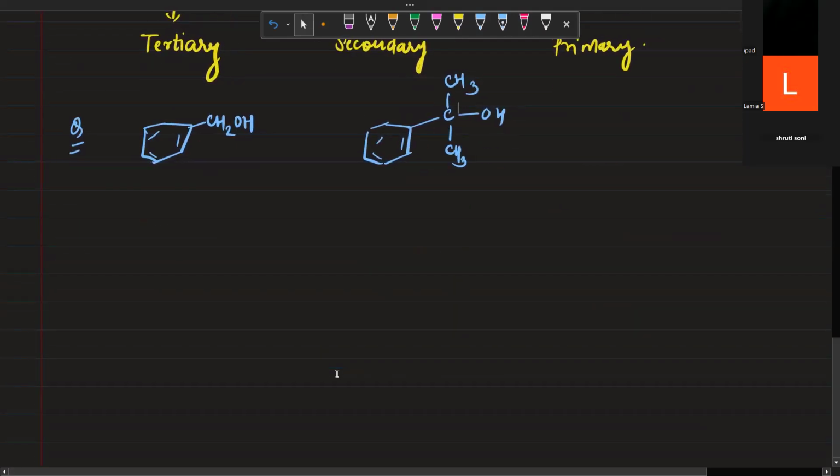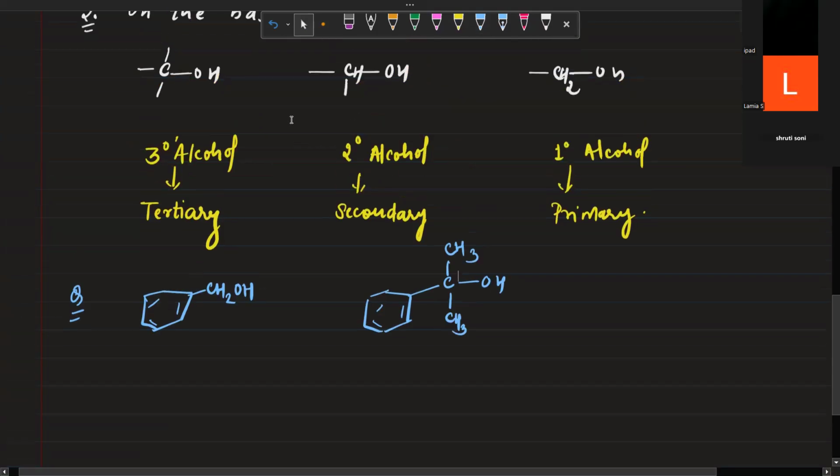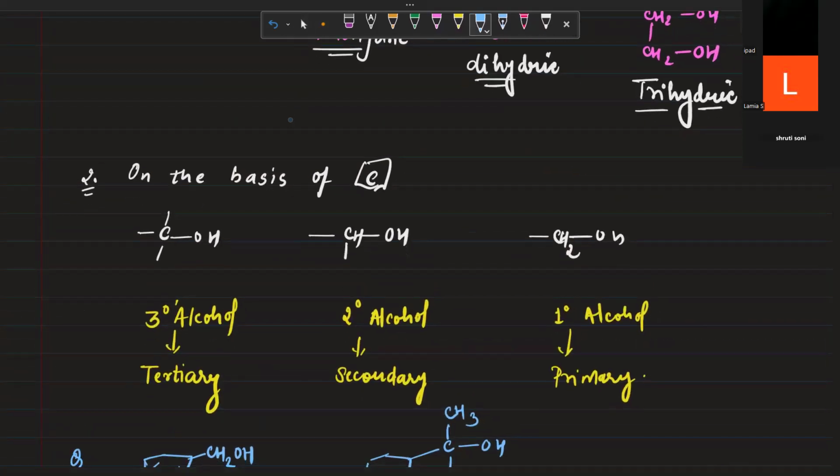It is just one, right? Primary, yeah. And the second one is tertiary. Okay. Then see in this case.